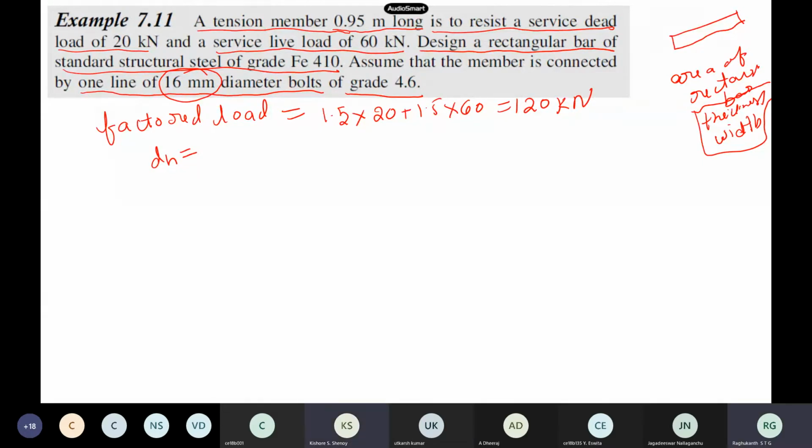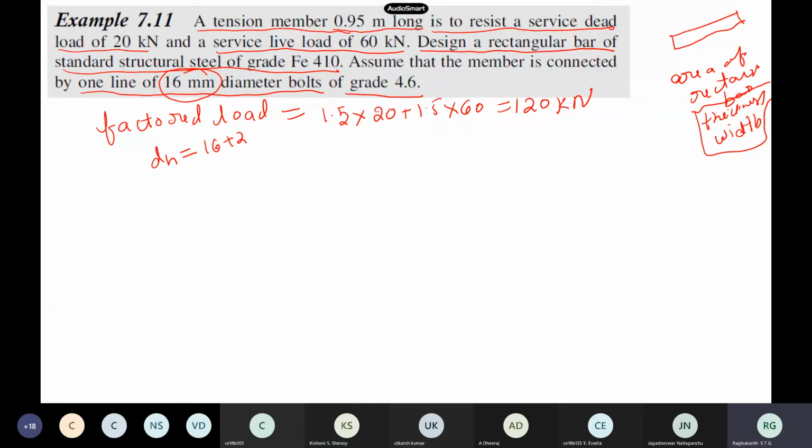What I'm trying to say is, what should be the diameter of the hole basically. For 16 mm, you remember the table from long back. Standard size means you have to add, according to the IS code, for a clearance hole, 2 mm. So for standard you only have to add 2 mm.